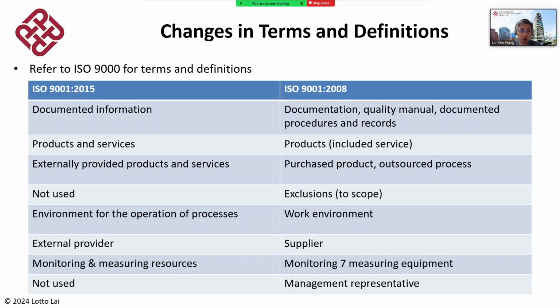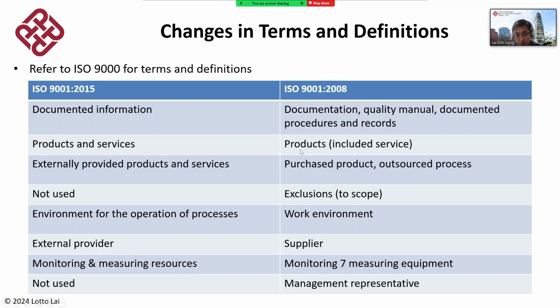So there are some changes between the document and the previous version. For example, we now use "documented information" compared with the previous one.